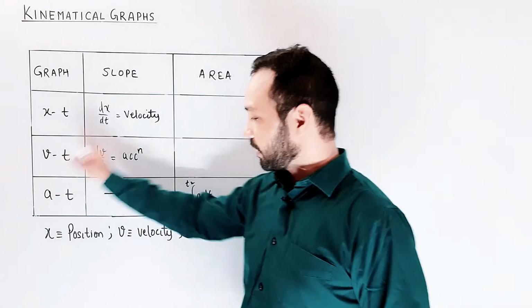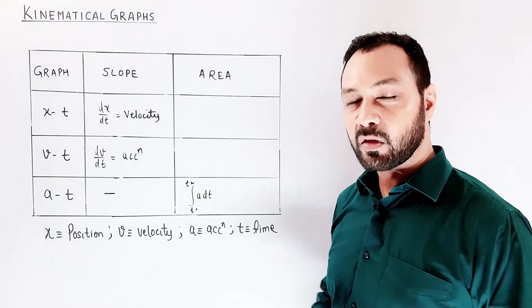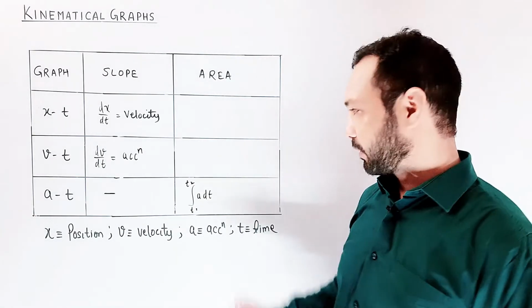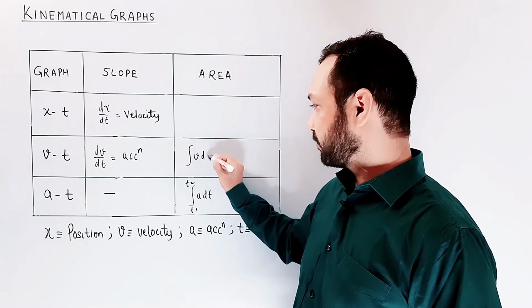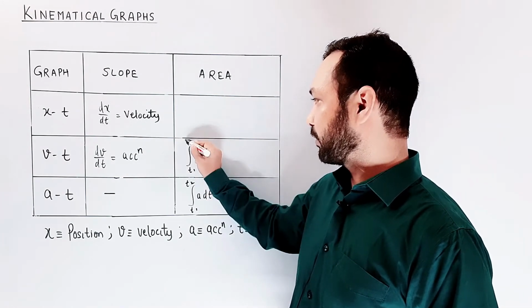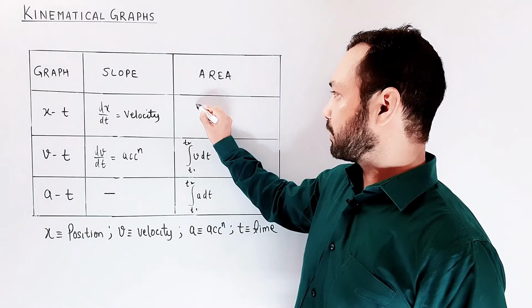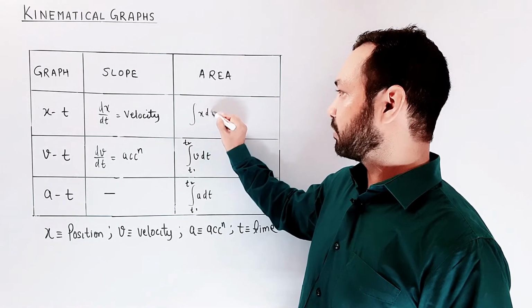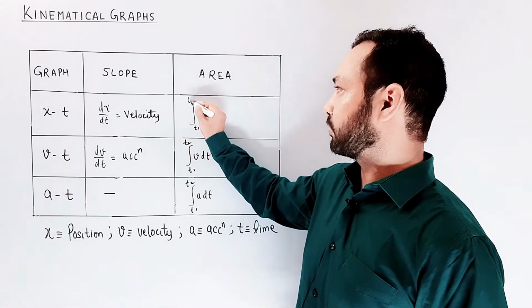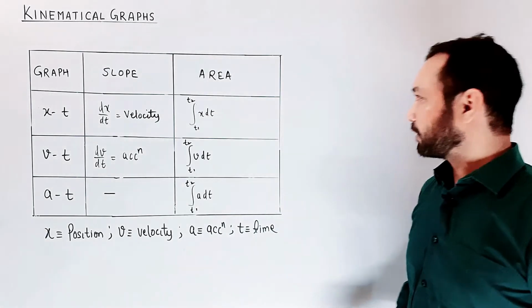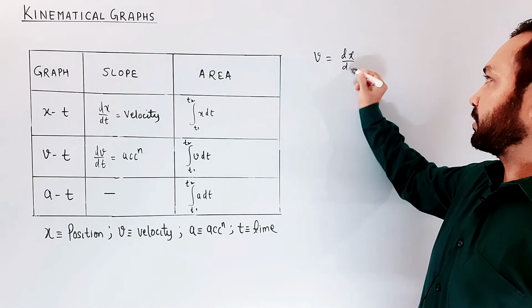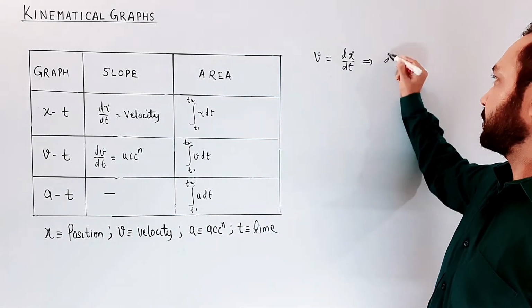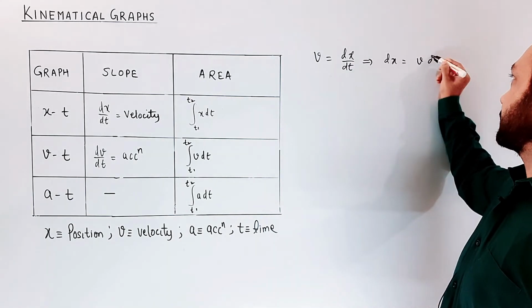And the same way, the area of a velocity time graph between time t1 to t2 will be integration of v dt from t1 to t2, and this area would be integration of x dt from t1 to t2. And you know that v is equal to dx by dt, so dx is equal to v dt.